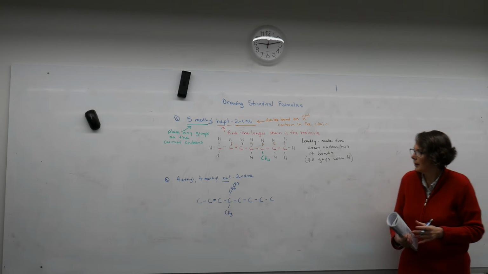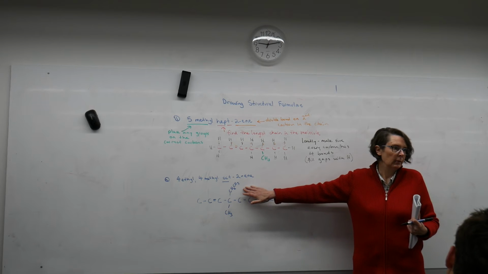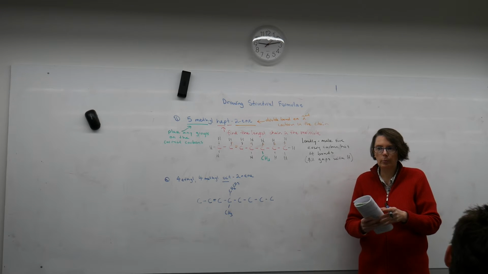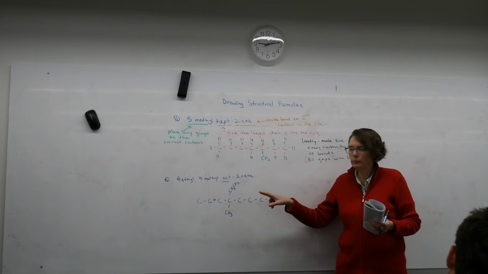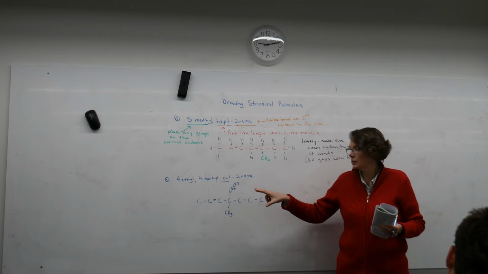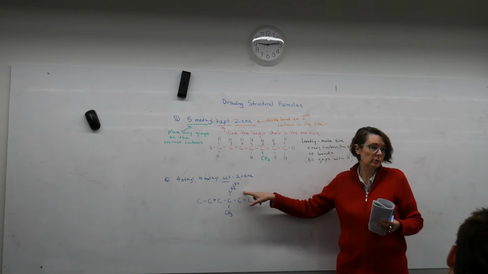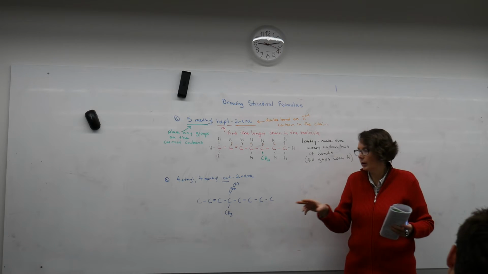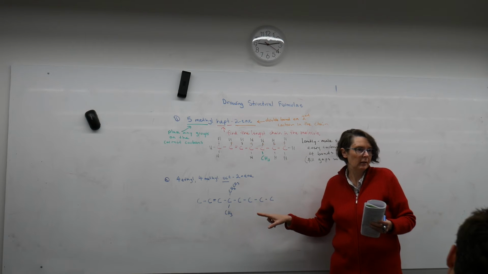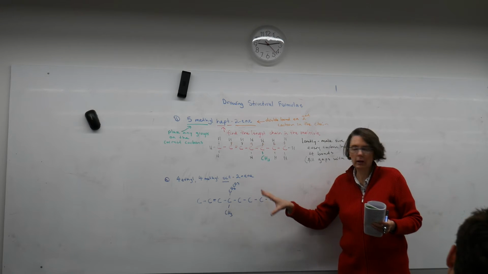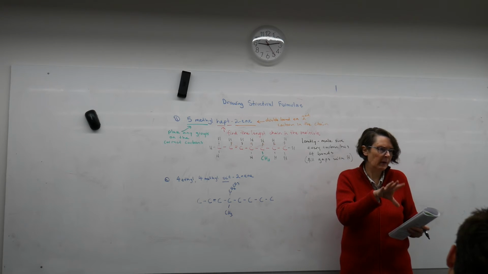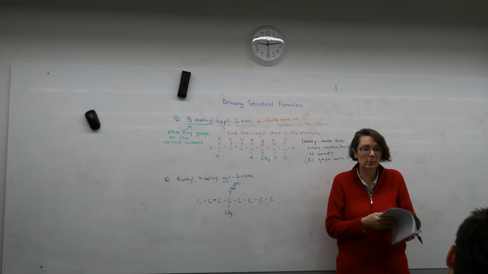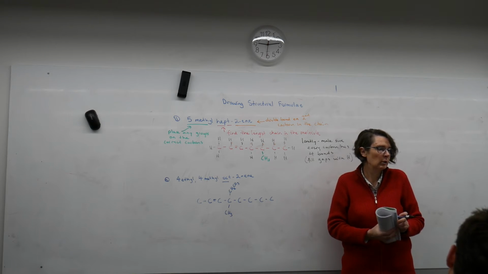But look, I guess I prefer this way because that's not wrong. But if you're asked to do structural, we really should be like this. This is called semi-structural, whereas that's more molecular, and so you'll probably get away with this, but it would depend on the marker, and I would hate to tell you something that someone then decides to penalise.